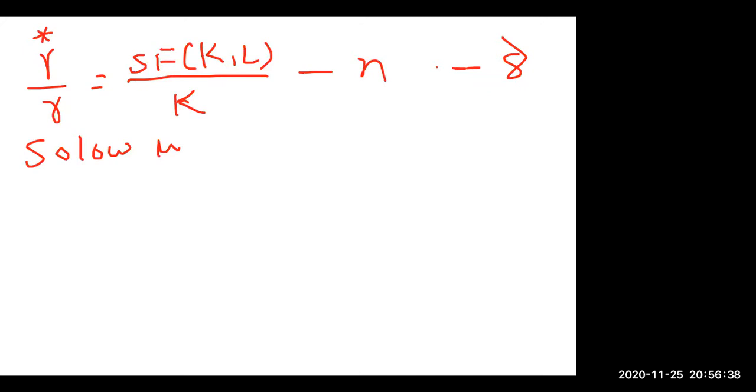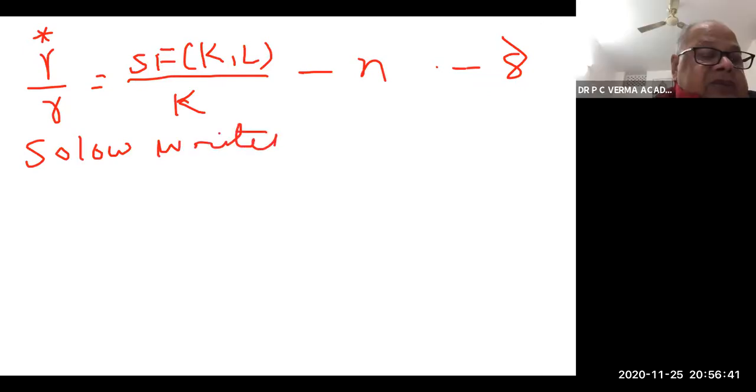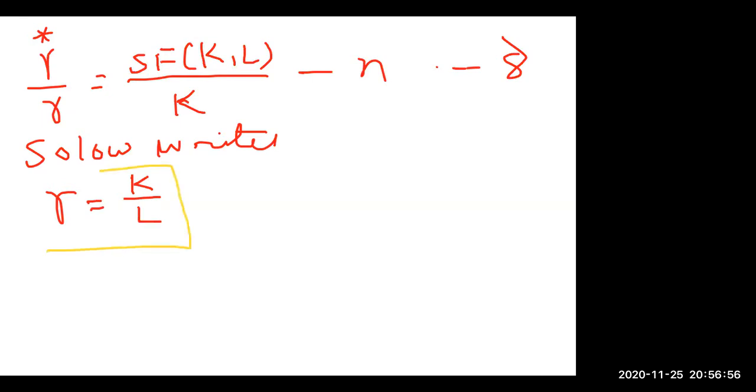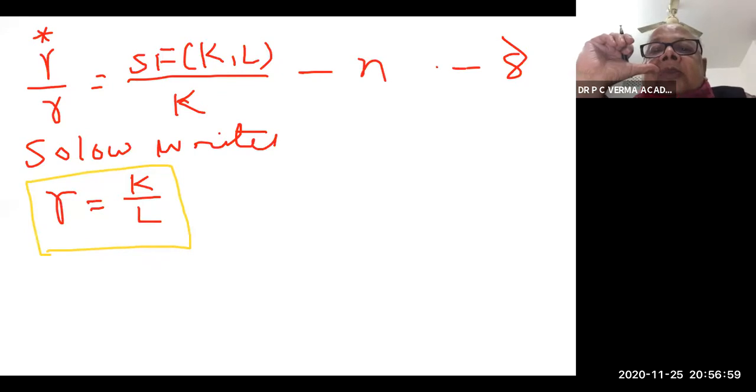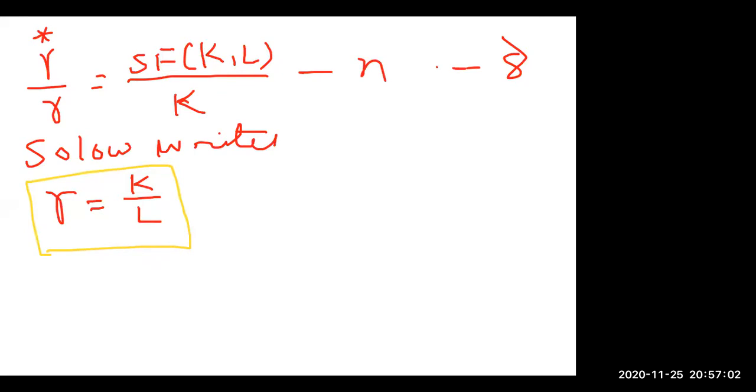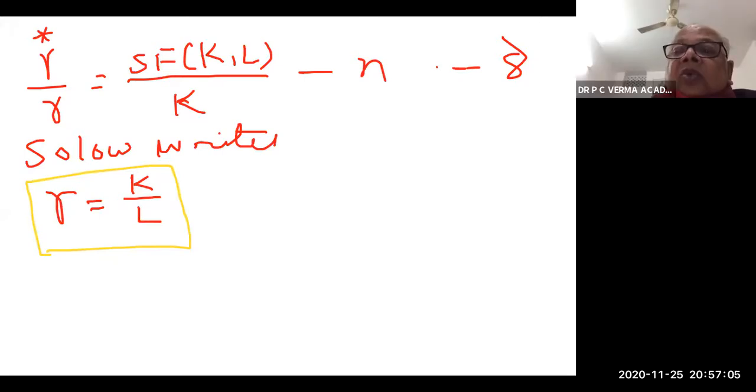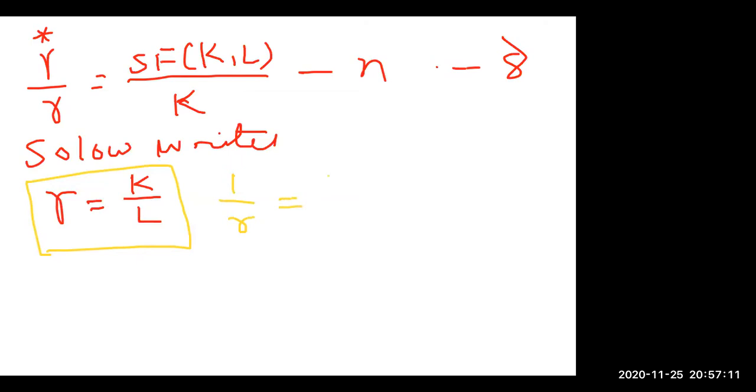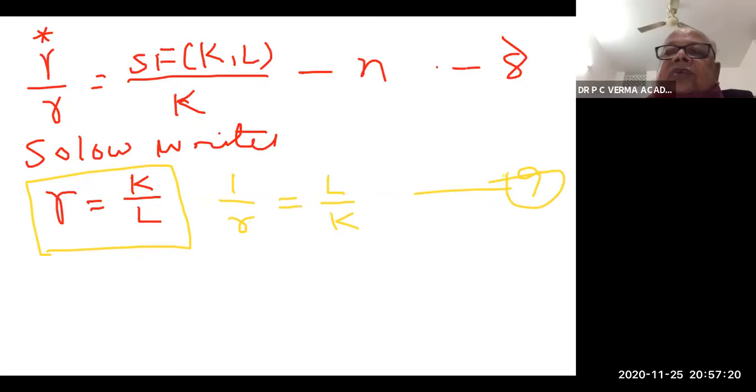Solow writes the capital labor ratio is K by L. Then 1 by R will be equal to L by K. This is the ninth equation.